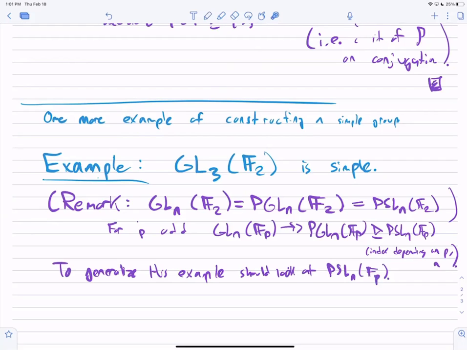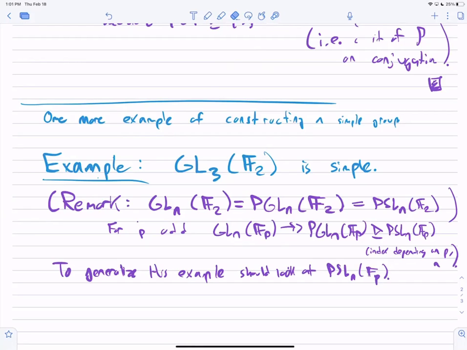GLn has an obvious normal subgroup given by its center. You did this problem on last homework, and you saw for GL2 of Fp, the center was just the scalar matrices, the ones with the same scalar along the diagonal. When p is 2, the only non-zero scalar is 1, so that's just the identity matrix.